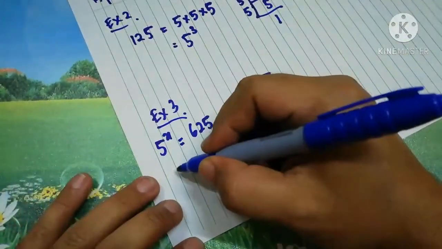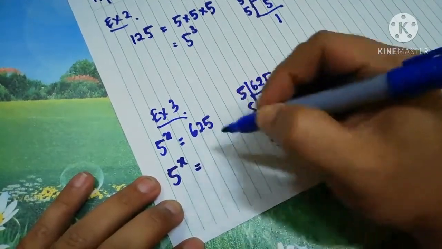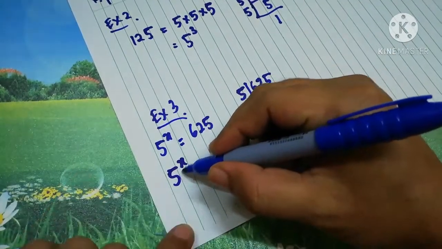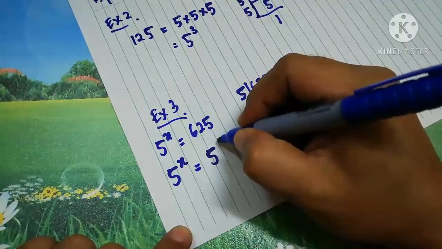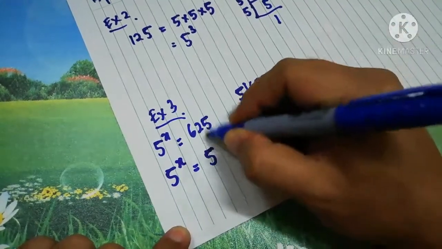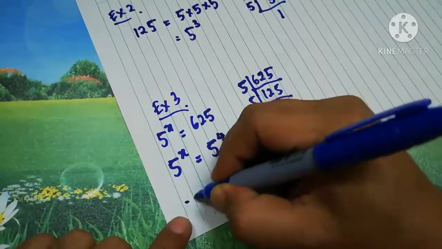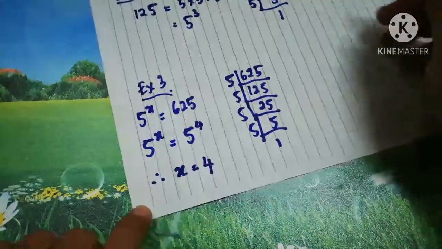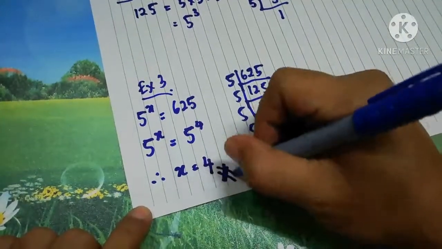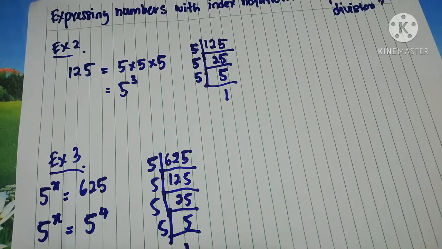So kita akan dapat 5 base 5 index 4, 5 to the power of 4. 625 is equals to 5 to the power of 4. Therefore, x equals to 4. Okay, that's all.